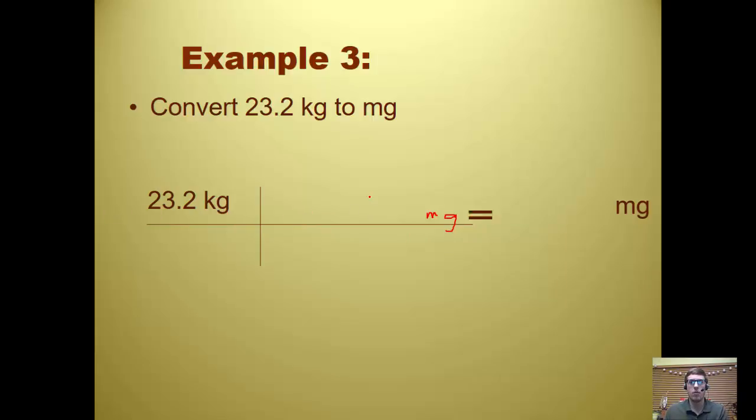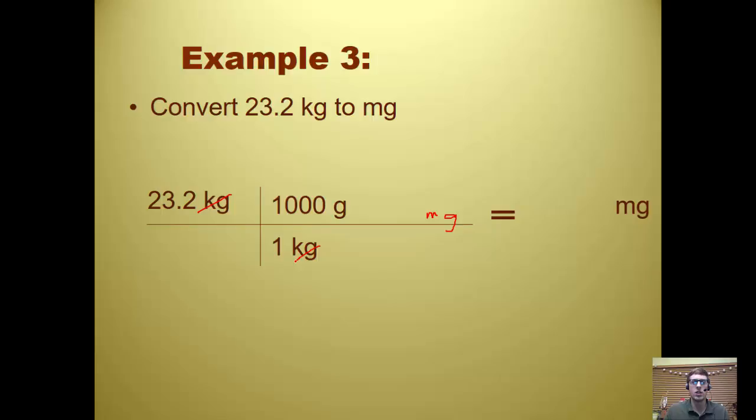Typically this is going to be a two-step, because we want milligrams here, but maybe you don't know how many milligrams are in a kilogram, so you can do it as a two-step problem. So you go 1,000 grams is 1 kilogram.